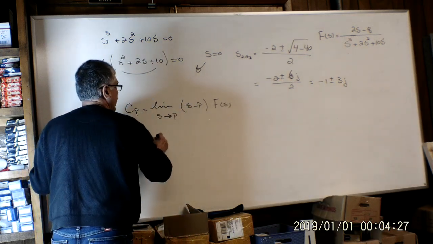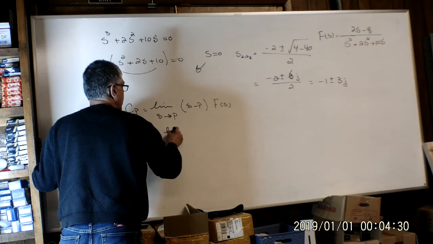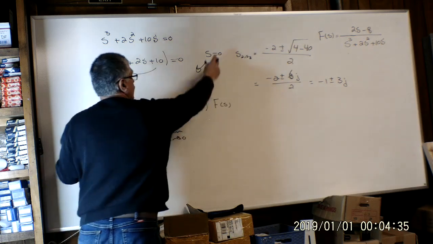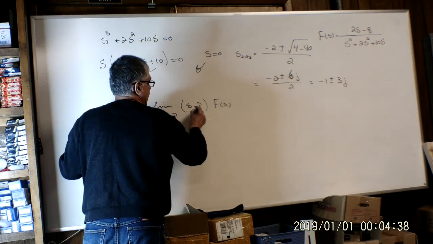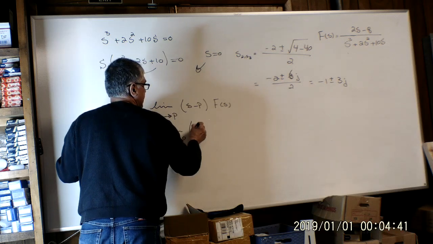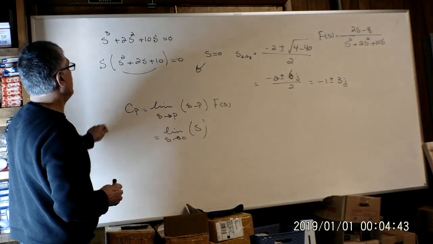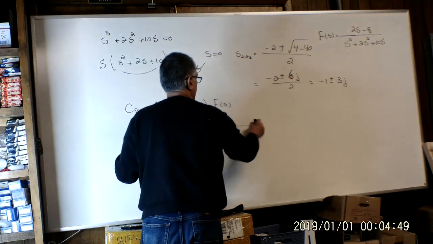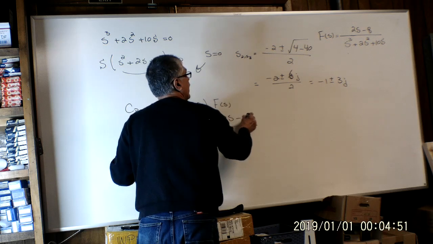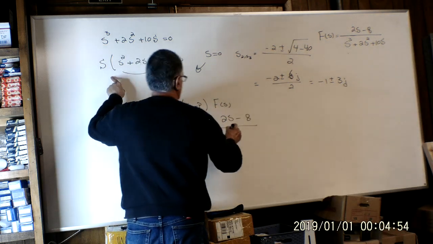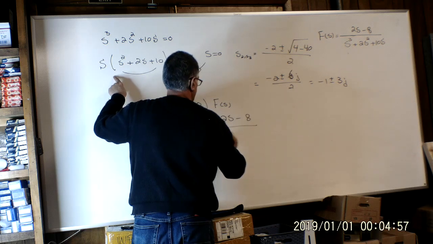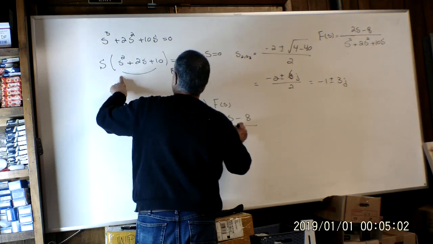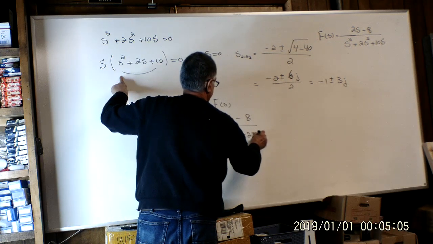So this will be equal to the limit as s approaches 0, our pole, of (s minus 0), which is s, multiplied by F(s), and our F(s) is 2s minus 8 divided by s multiplied by (s squared plus 2s plus 10).